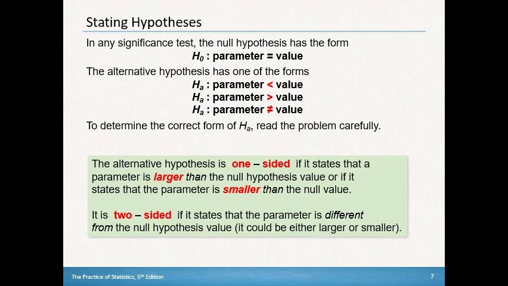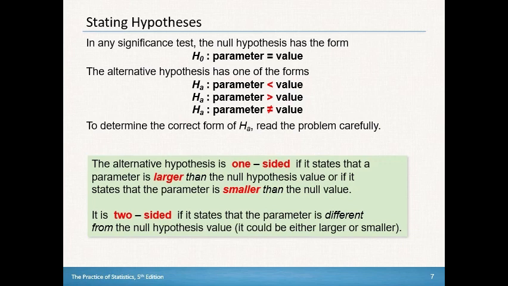Like when we did in chapter 7, we looked at the probability that we would get a value as extreme or more extreme than the one we got, either up in the high tail or down in the low tail. That's why we call these one-sided: we're in one side of the tail of the normal curve.